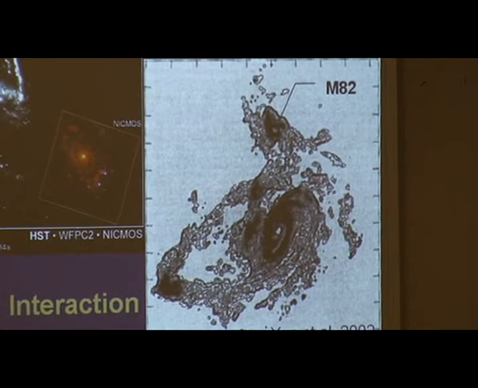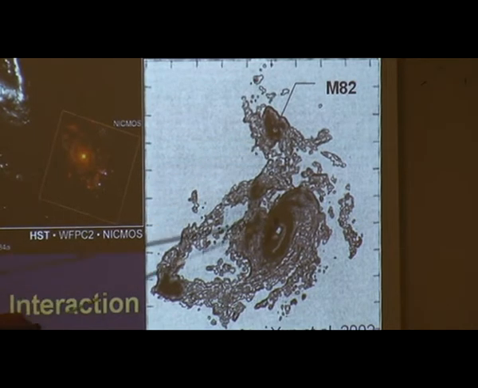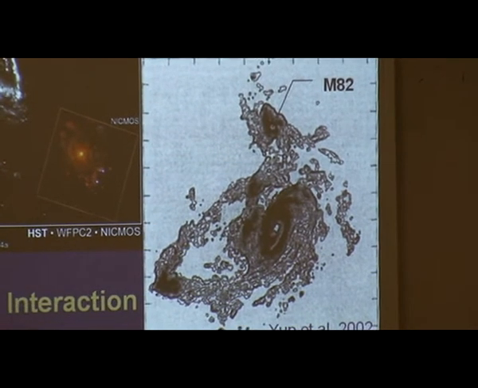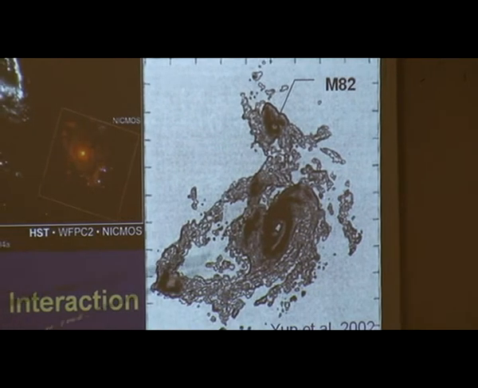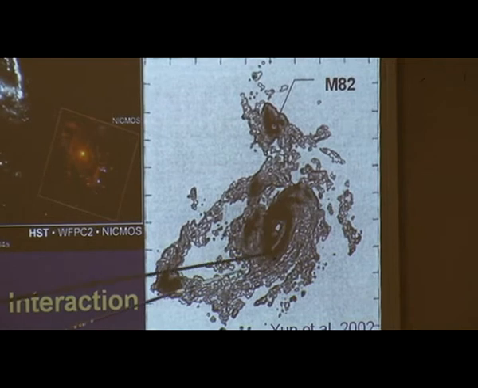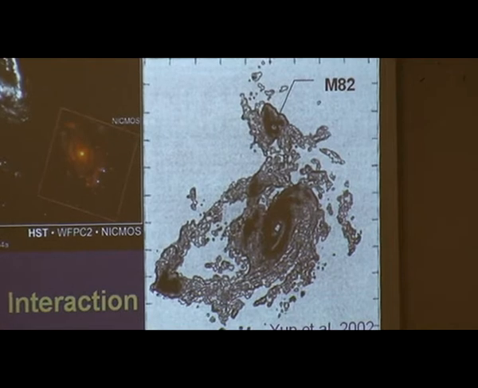But if you go into the HI, you will see a lot of tidal bridges connecting these three. So that is evidence that these three are actually interacting with each other. And fueling gas inside, I believe, is this one, M82, this starburst galaxy, to produce the previous starburst HST picture you saw.